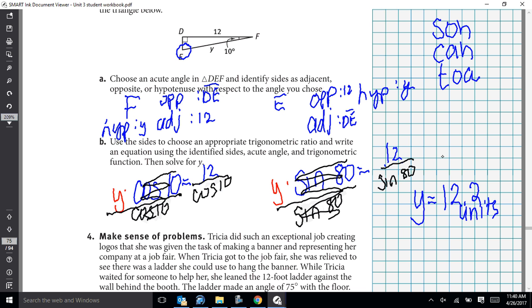Yes, technically, and then you round that up to 12.2, like she said. Correct. Shannon, you got it? Alex, did you get it? When you do it, you'll get it. Questions on the process?